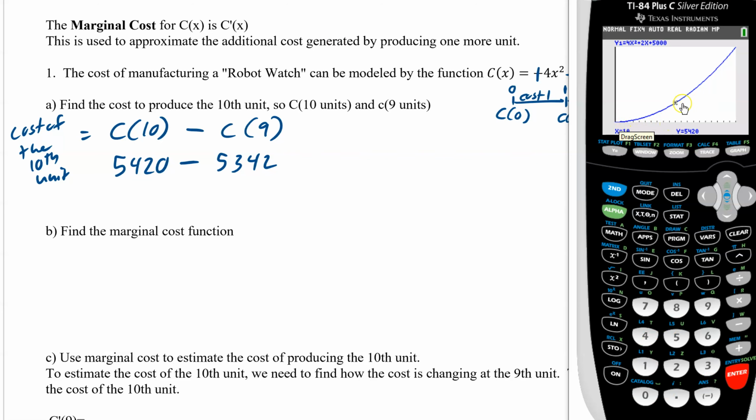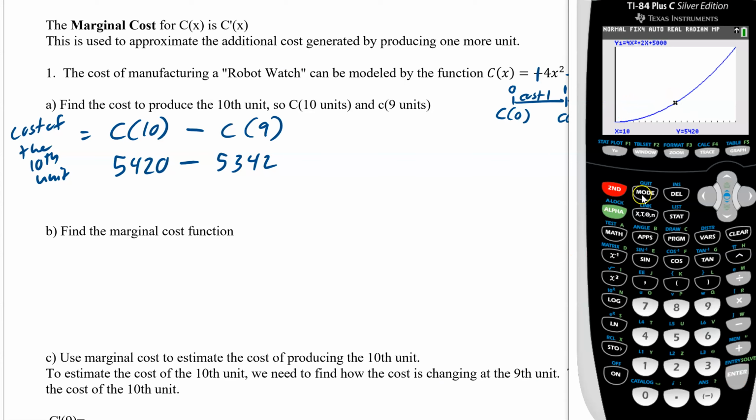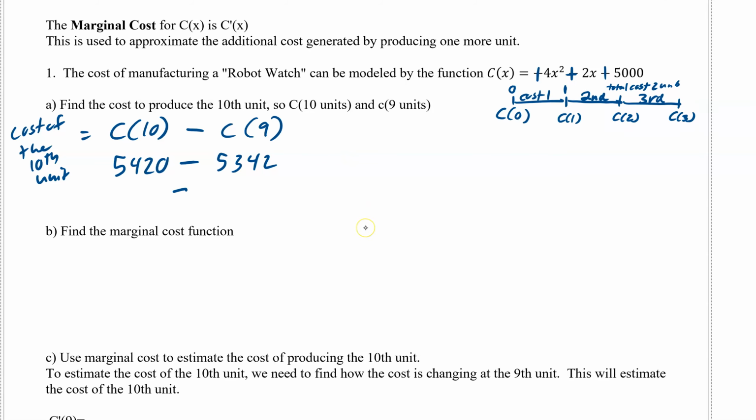And so if I subtract those two, it tells me the cost of that 10th unit from here to here. So let's plug that in our calculator just so you can see it. 54.20 minus 53.42 gives us 78. So the 10th unit cost 78, and we're going to assume this is in dollars.